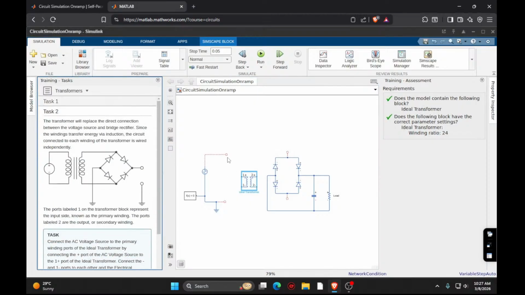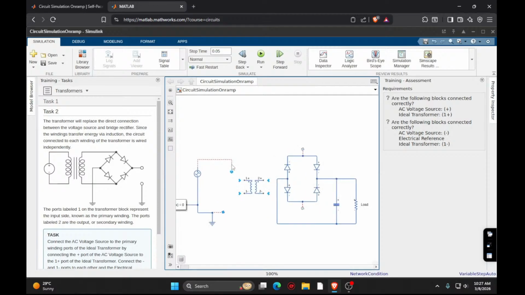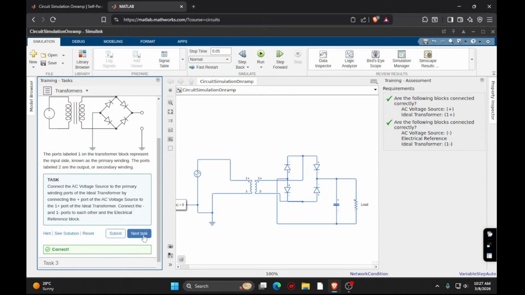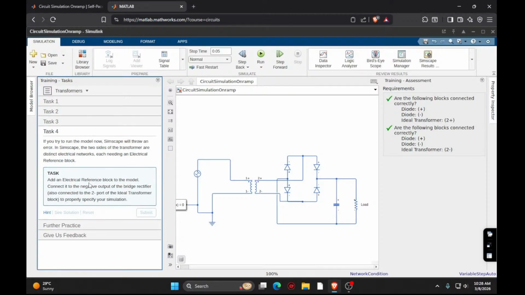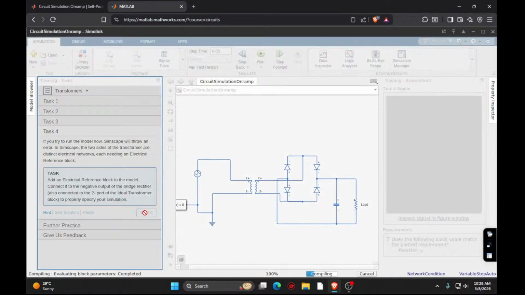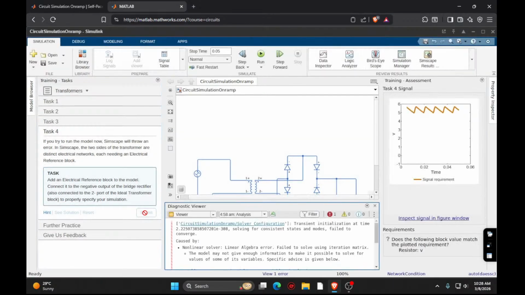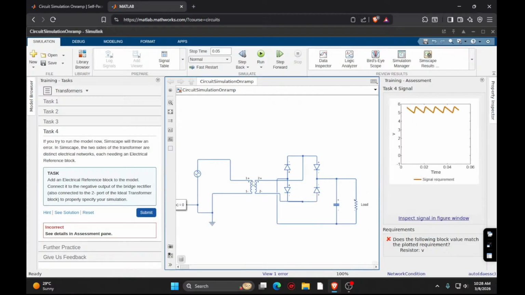Next, we have to add an electrical reference block to the model connected to the negative output of the bridge rectifier.